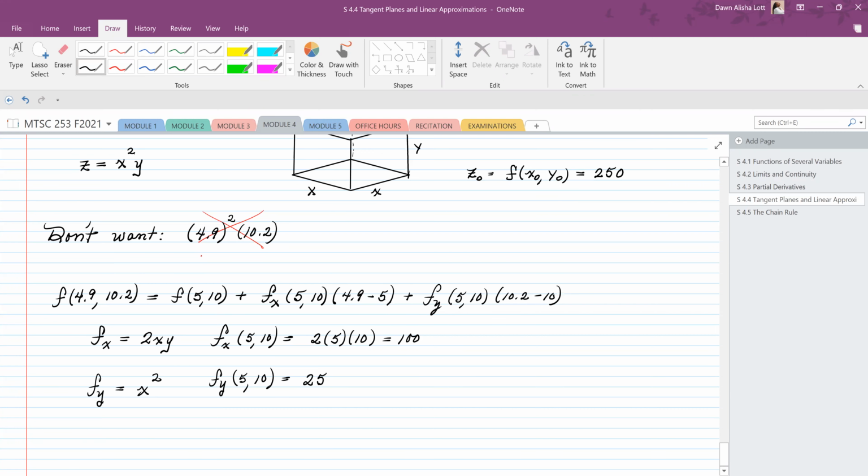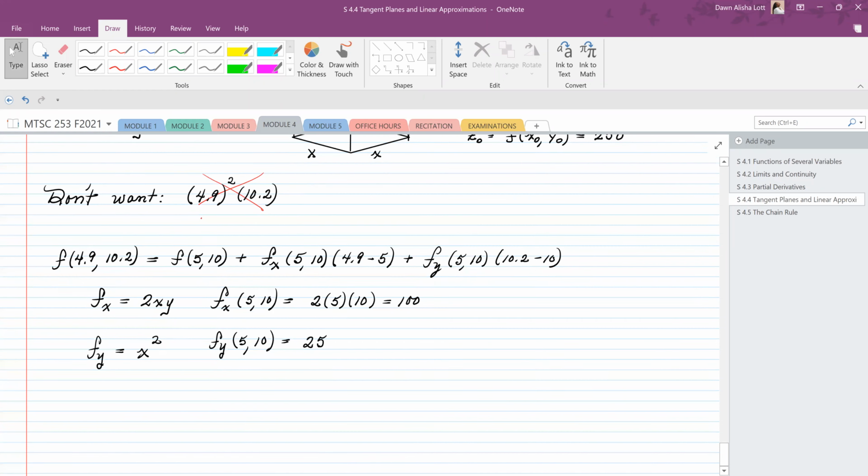Okay, so here we go. So now we get F of 4.9, 10.2 is going to equal F of 5 and 10.